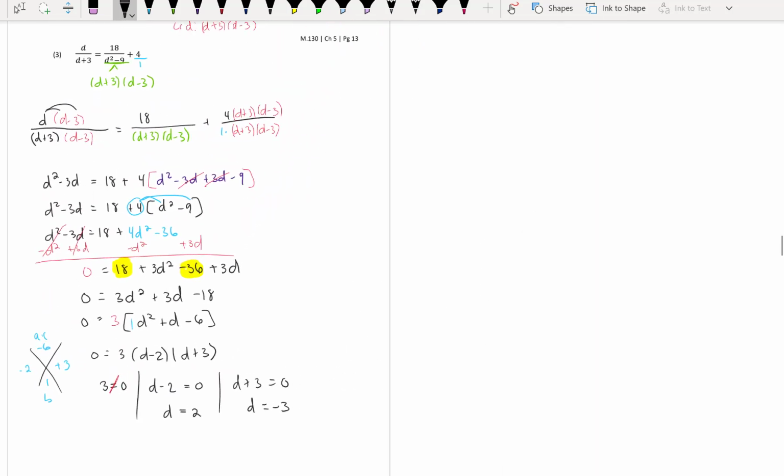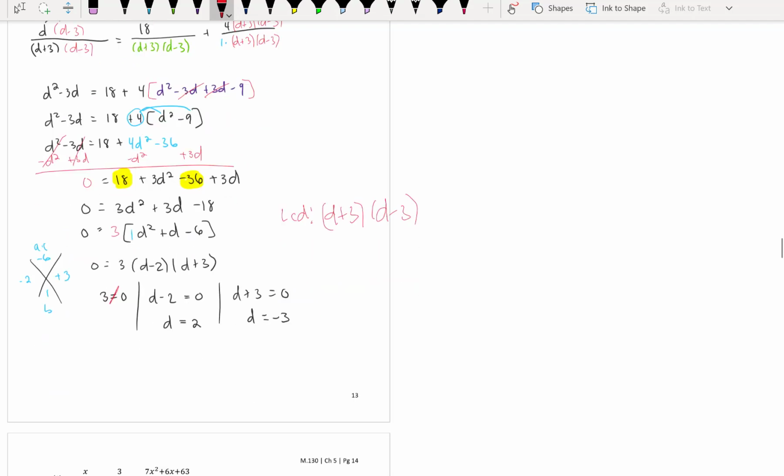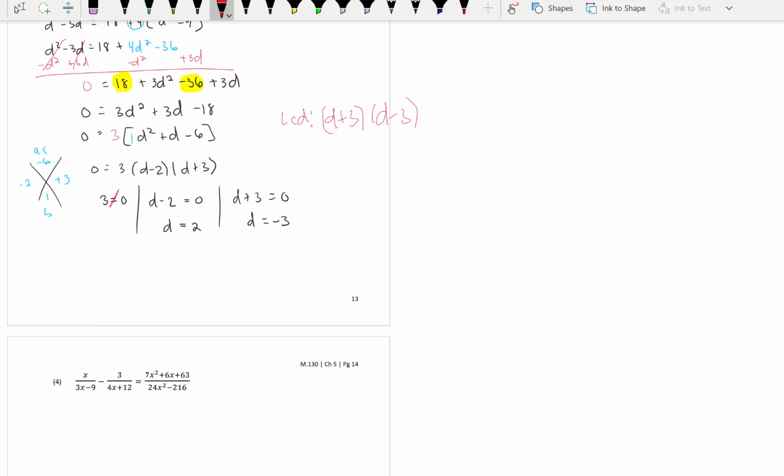Now, this is where you want to be careful. Remember that your LCD was d plus 3 and d minus 3. What happens when you plug in a negative 3 into here? Well, if you let d equal negative 3, let's think about this. If I have d plus 3 and d minus 3, well, I have negative 3 plus 3 and negative 3 minus 3.